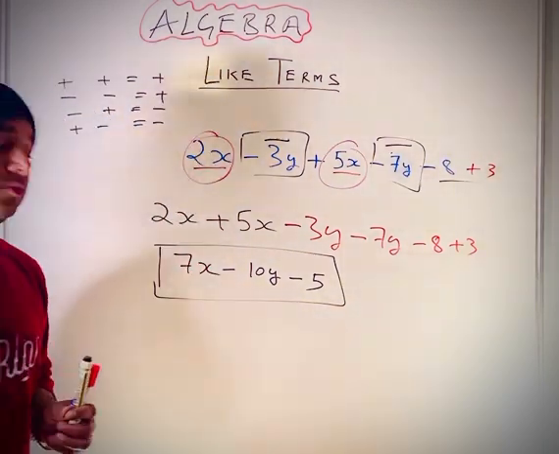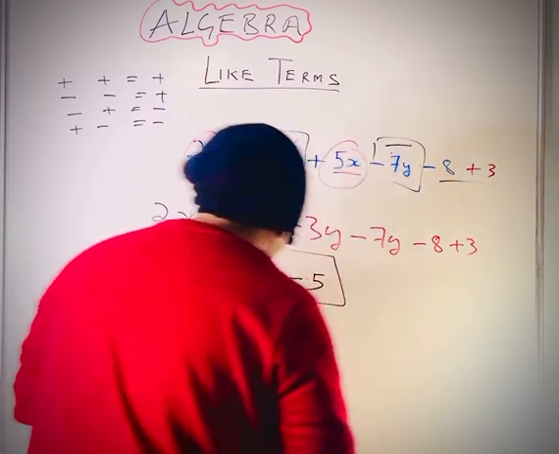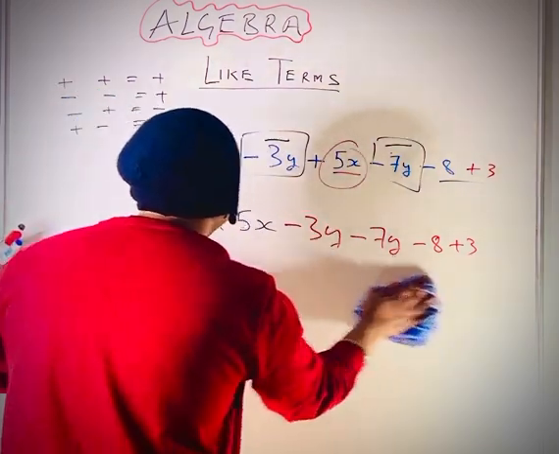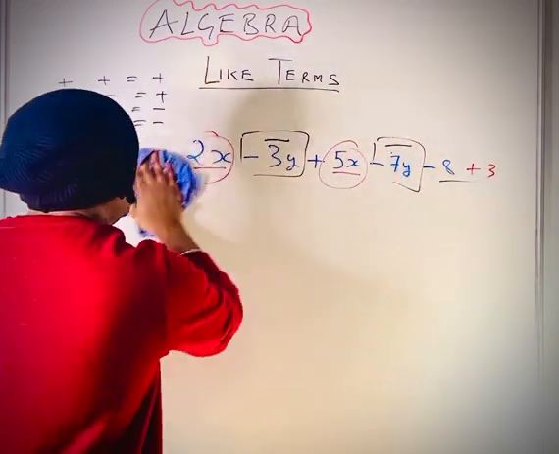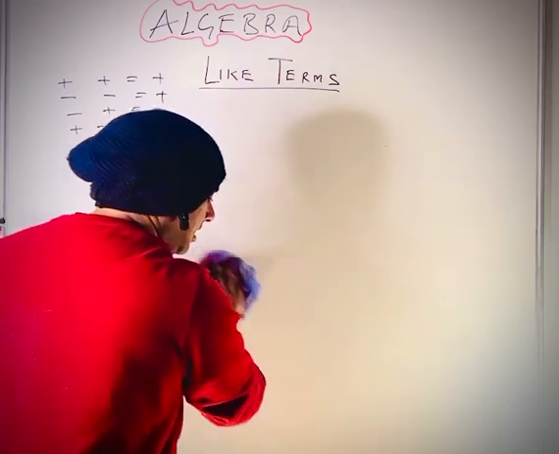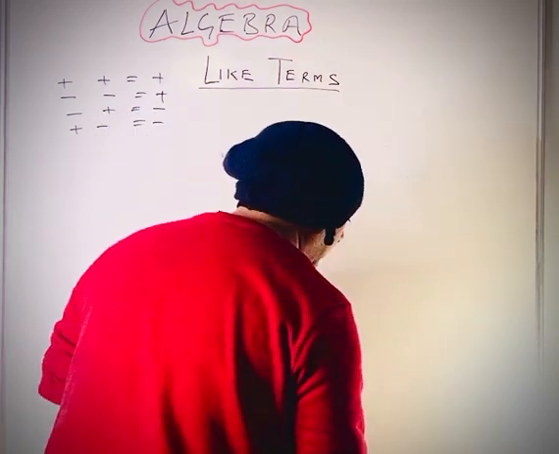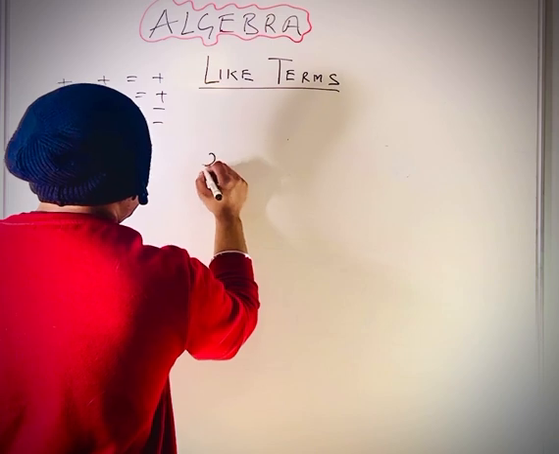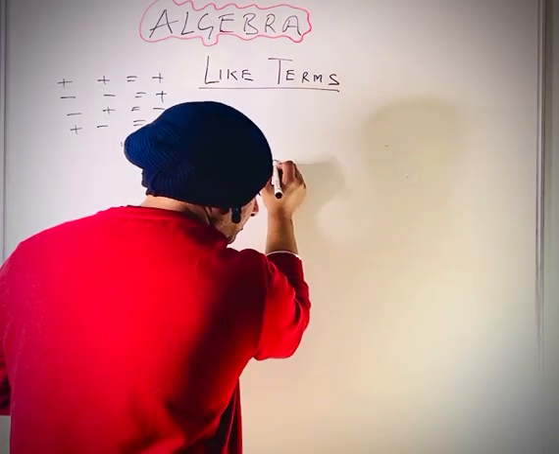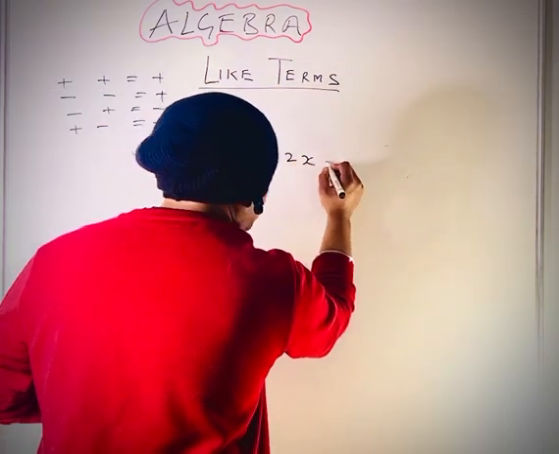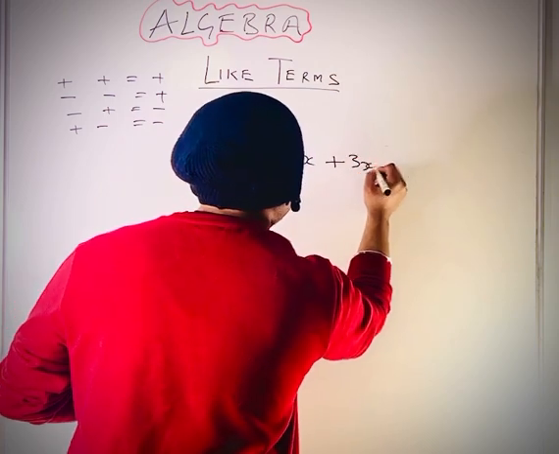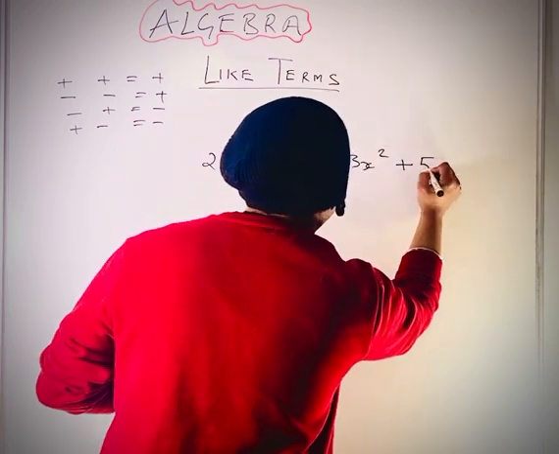Now, I'll do one more question for you. Let's say a little bit complicated question. Let's say you have 2x squared plus 2x plus 3x squared plus 5x.